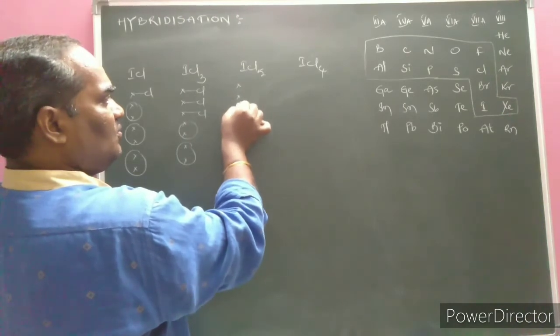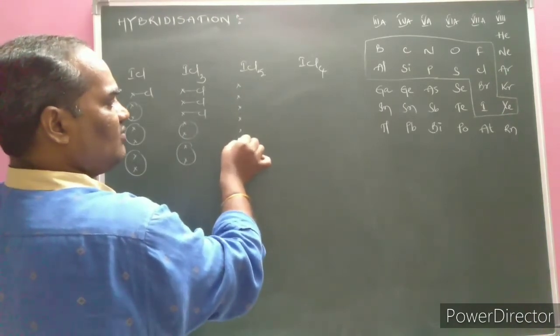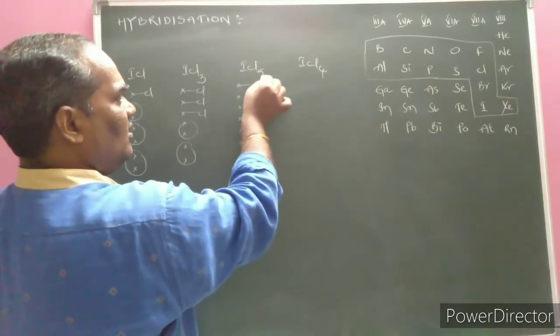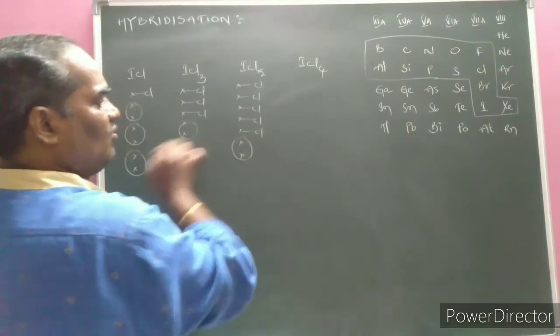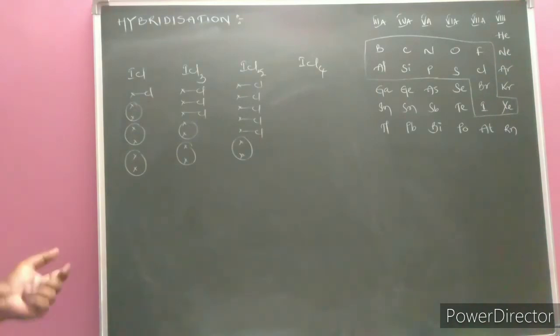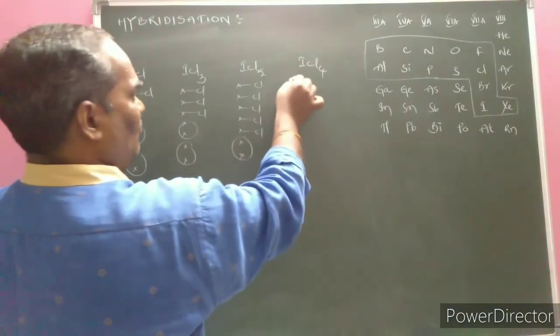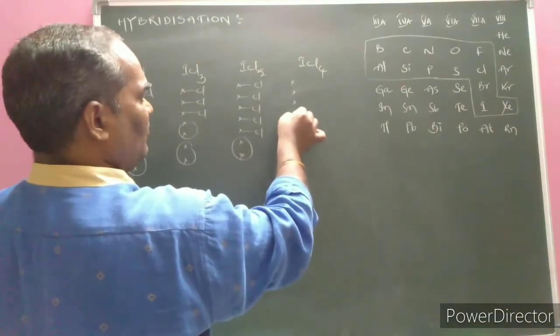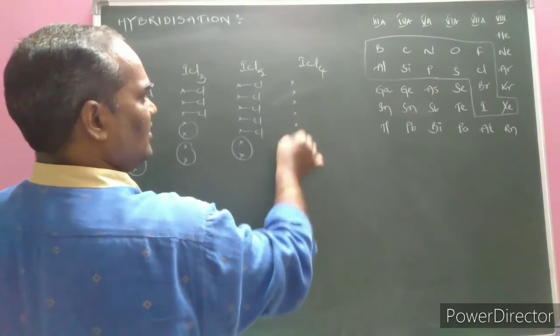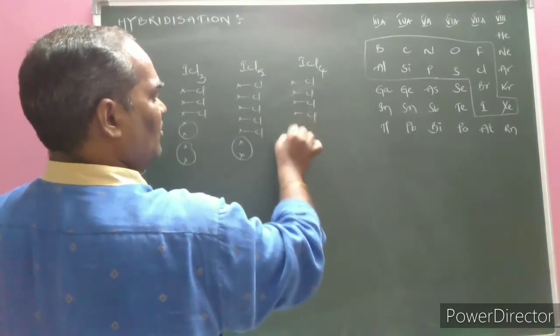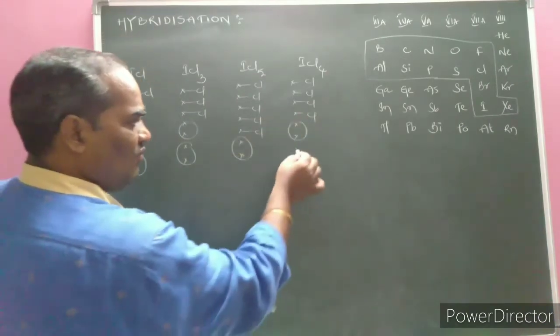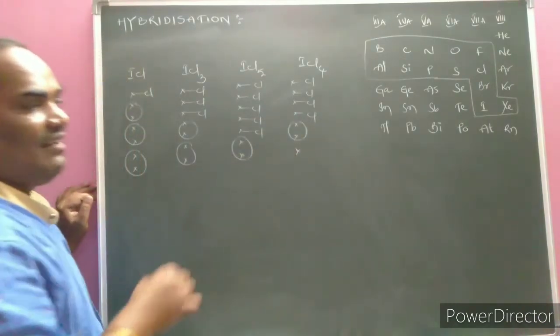ICl5, 1, 2, 3, 4, 5, 6, 7. 1, 2, 3, 4, 5. 1 lone pair of electrons. Then what about ICl4? 1, 2, 3, 4, 5, 6, 7. Here it is 1, 2, 3, 4, and the 1 lone pair is there. What about this one, a single electron?